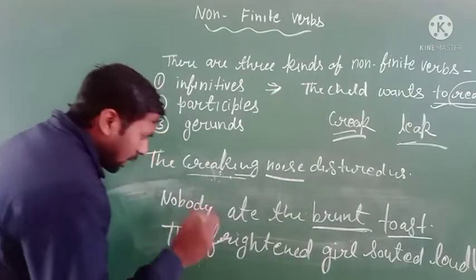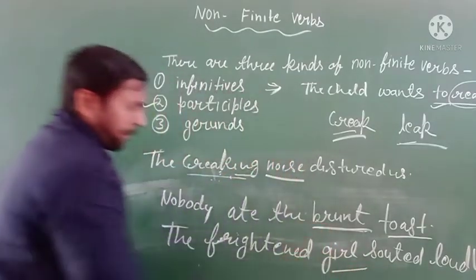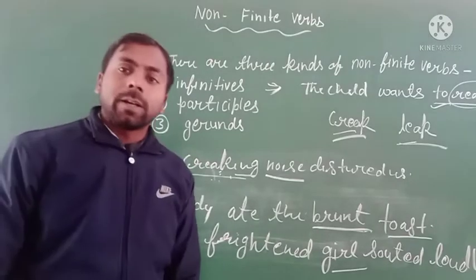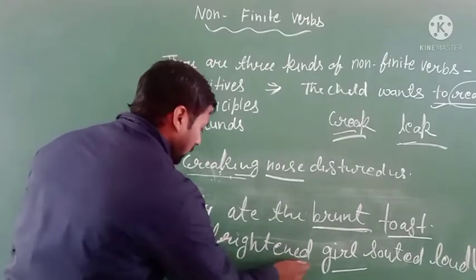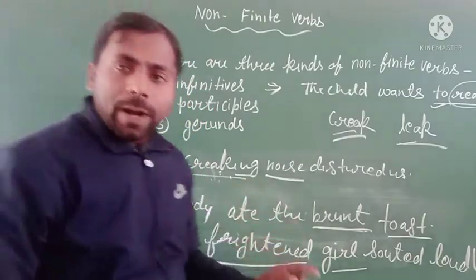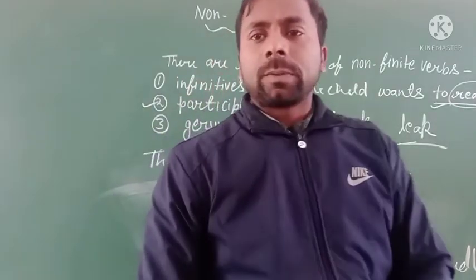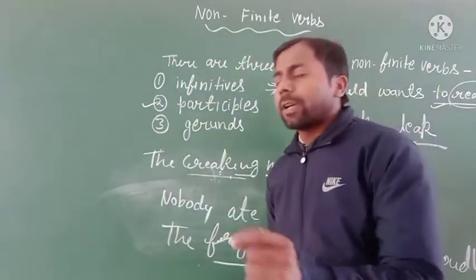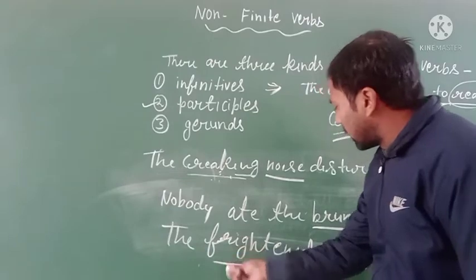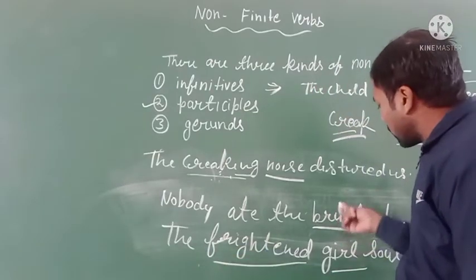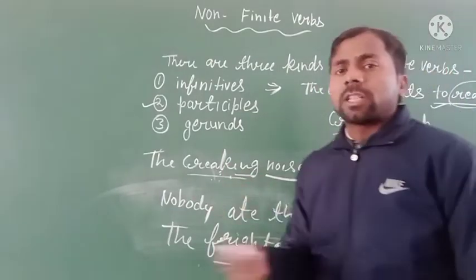Here girl is a noun word, and frightened is a verb, and in both sentences we use the participle.